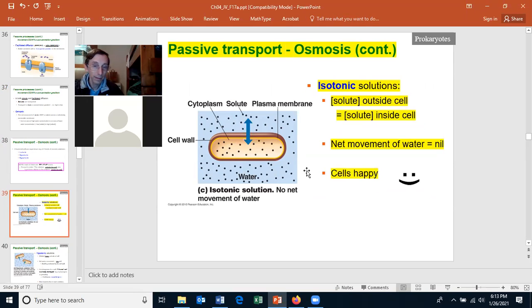And the cell is happy because it's not going to be at any risk for drying out, water leaving the cell, or by osmotic lysis from water entering the cell. Remember, the solute here is equal inside the cell and outside the cell, isotonic. That's how we define tonicity. But in this case, it would be the water that would be moving, and that would be the solvent.